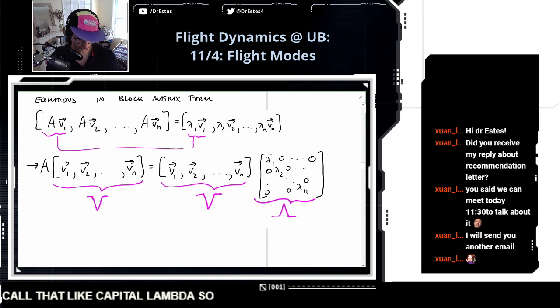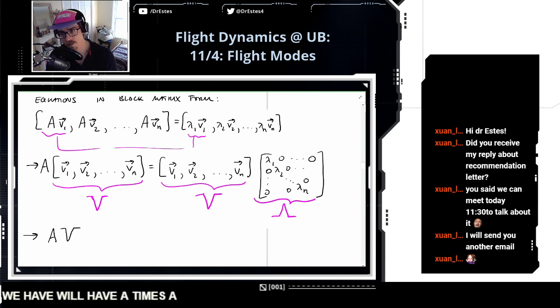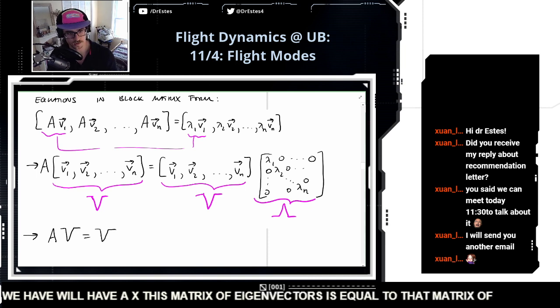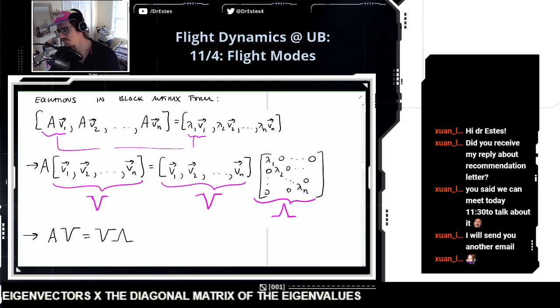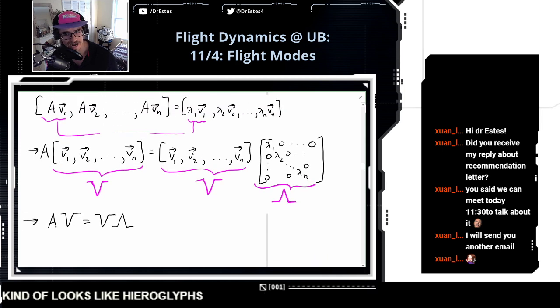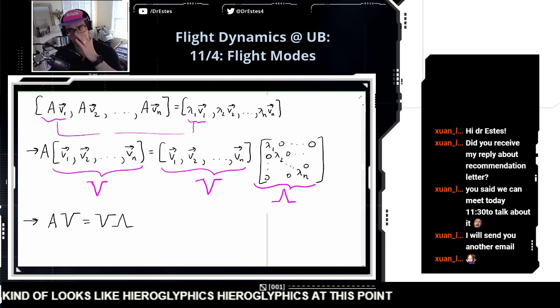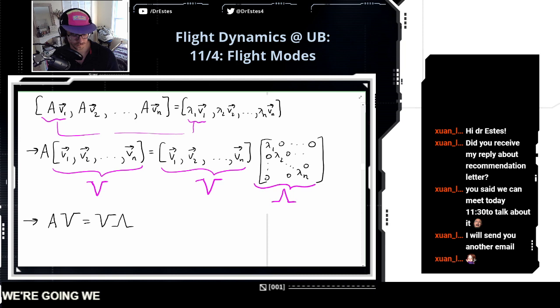So if we write this in terms of the symbols we have, we'll have A times this matrix of eigenvectors equal to that matrix of eigenvectors times the diagonal matrix of the eigenvalues. I know this equation kind of looks like hieroglyphics at this point. You'll see where we're going with this in a second.